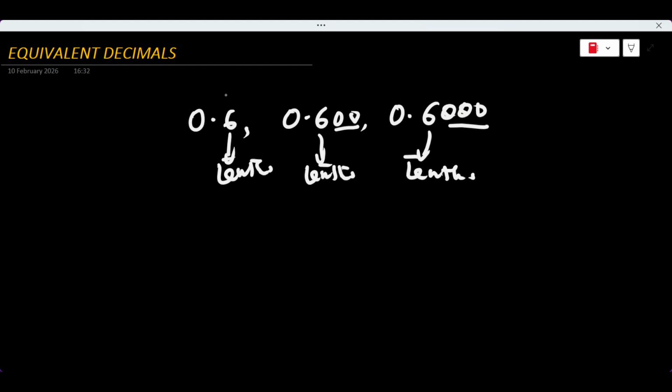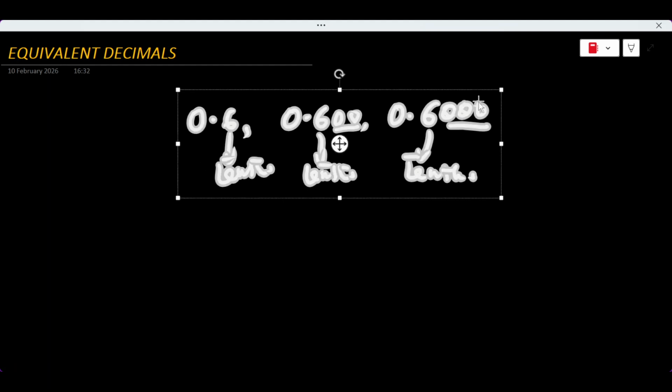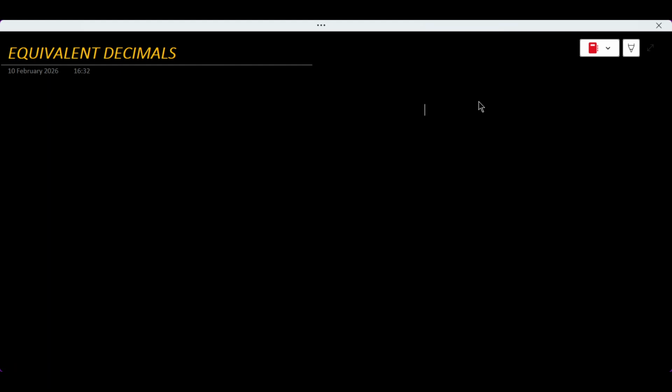All right. So let's have a quick recap of what we have done so far. We are saying that to check if decimals are equivalent, the first thing to do is to what? Compare the digits by place value.